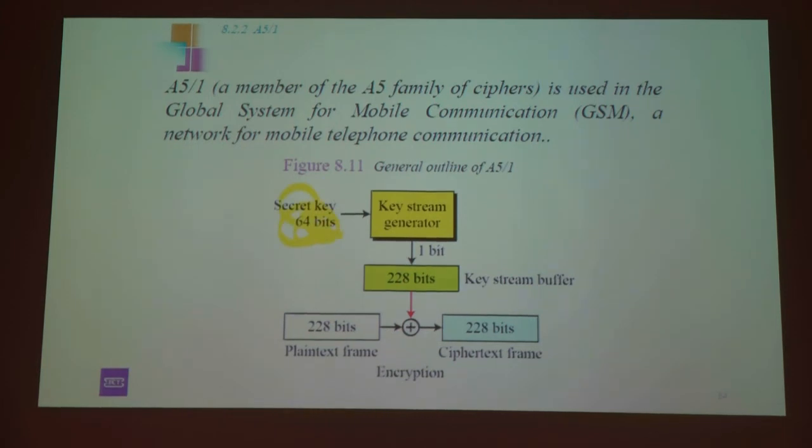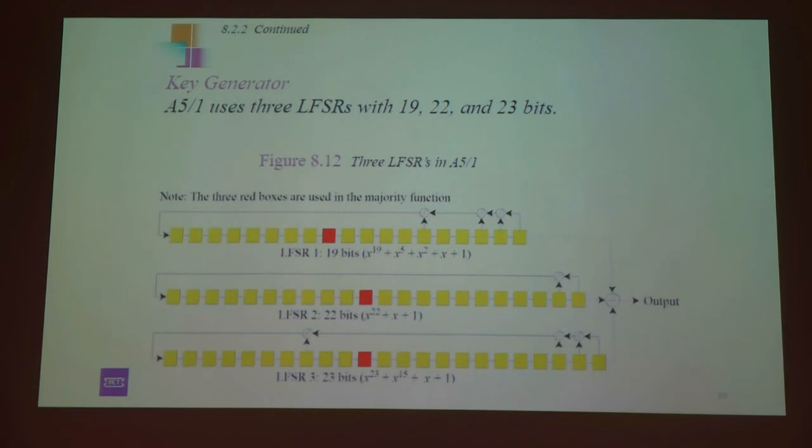So from the 64 bits, I design how many? I'll design 3 LFSRs. The first one has 19 bits. The second one is 22 bits. And the third one, how much? 23 bits. Okay? The LFSR has a seed.